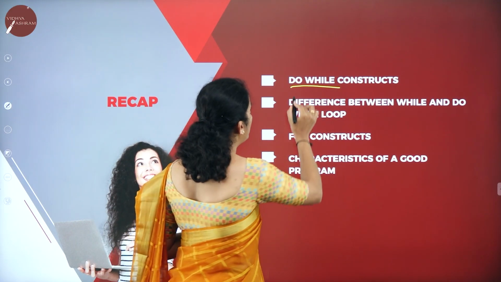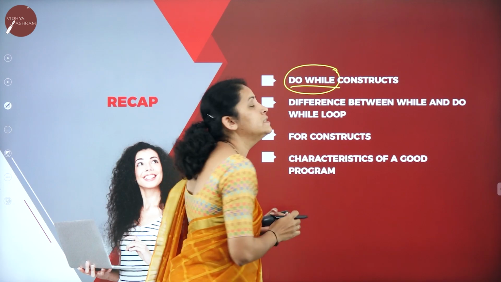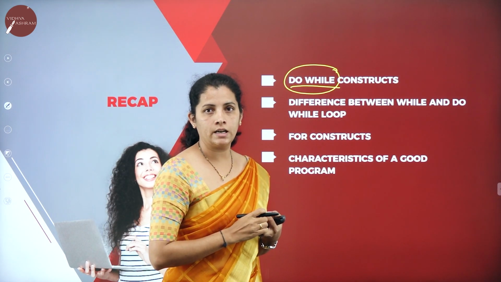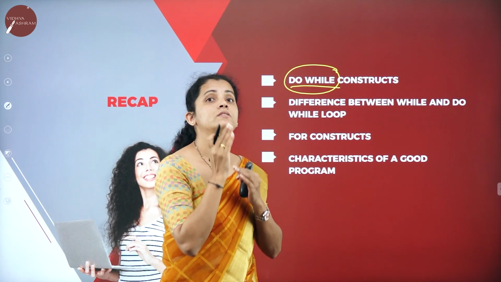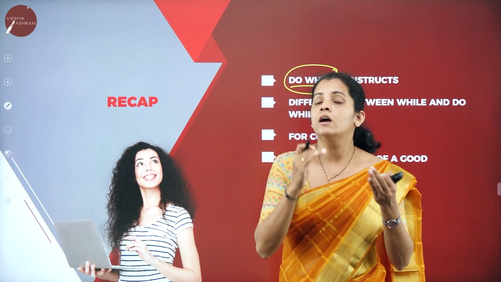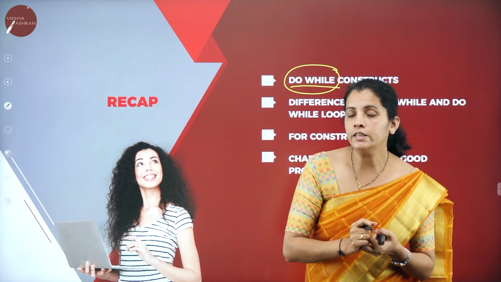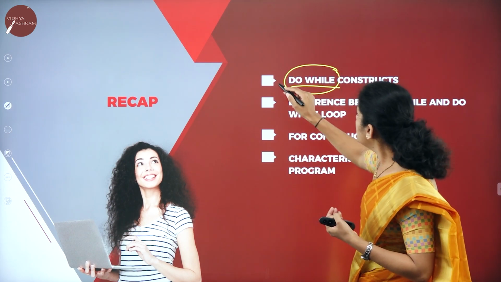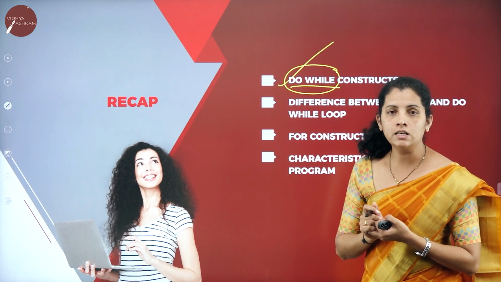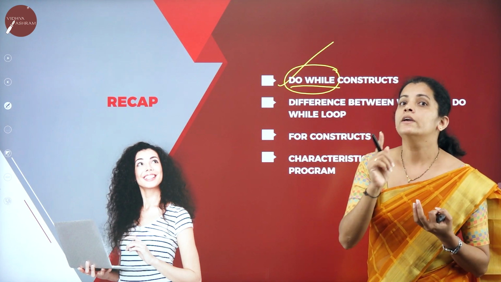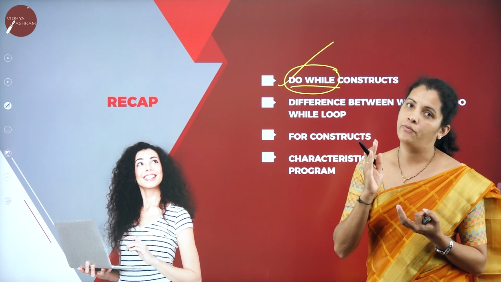A do-while condition is a post-tested condition. That means first I write certain statements, then I check the condition at the end. And this looping construct is going to execute at least once even if the condition is false.